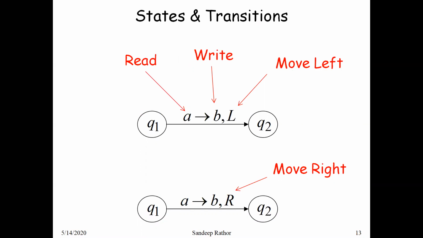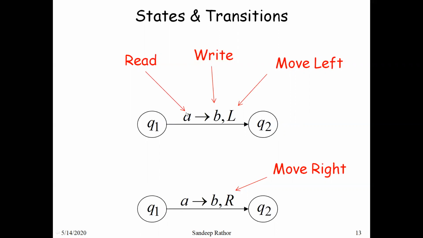In the same way as finite automata, we can also represent the Turing machine in the form of a transition system or transition diagram. Suppose you are in state Q1, now you are reading the symbol A, and you want to replace A with B, the direction of the head is left, and you are moving to a new state, Q2.